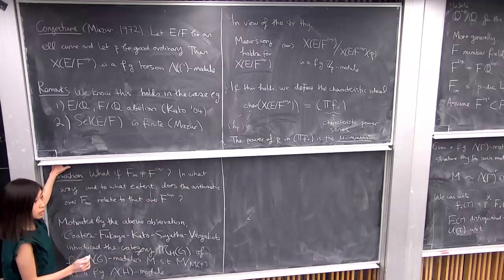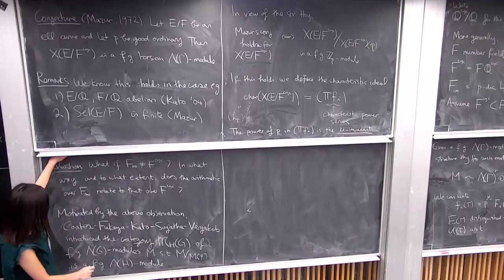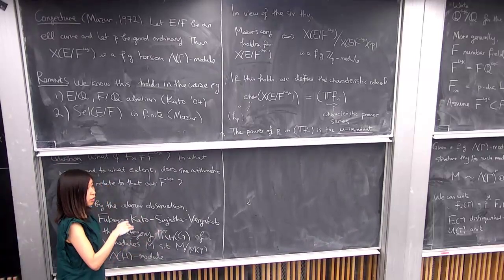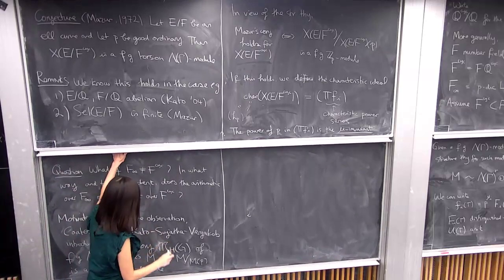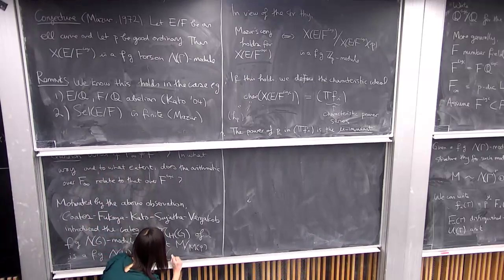Who is H in relation to G? H is the Galois group of F infinity over the cyclotomic extension. It's small.